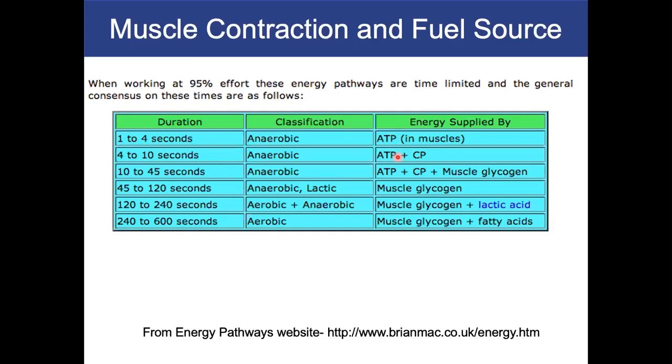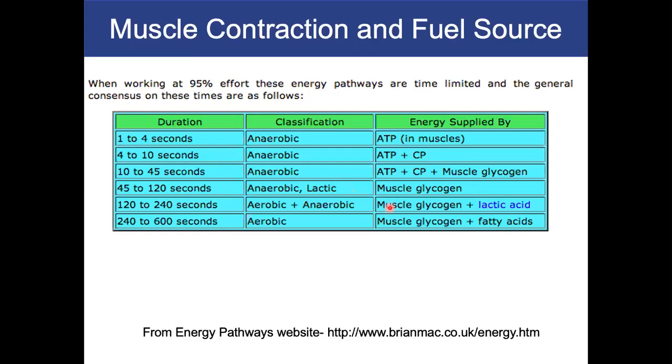Then up to 10 seconds, it's ATP in the muscle plus creatine phosphate, right? Then for 45 seconds, it's ATP, creatine phosphate, and glycogen. So you're using up the glycogen to make glucose to go through glycolysis. Then you're going through anaerobic metabolism and lactic acid production, right?